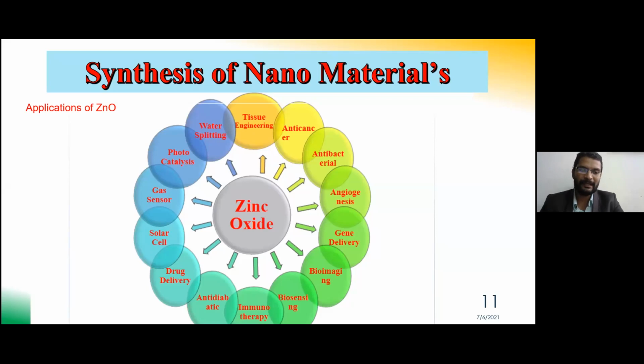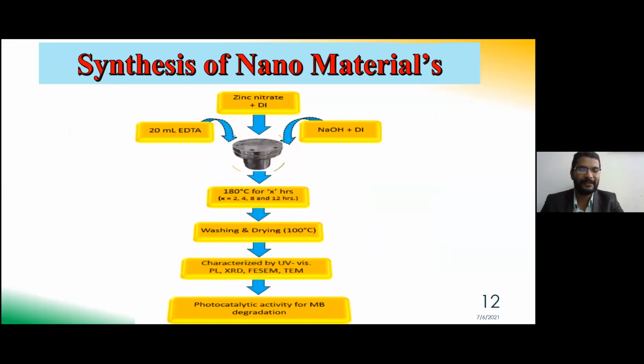In the present work, we synthesize two-dimensional zinc oxide nanomaterial by a hydrothermal reaction method at 180 degrees, with different reaction times of 2, 4, 8 and 12 hours, to see how the reaction time influences the morphology and the degradation of methylene blue dye.